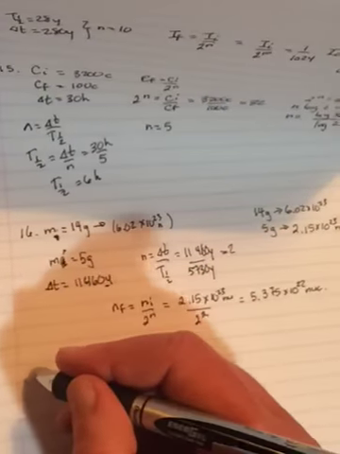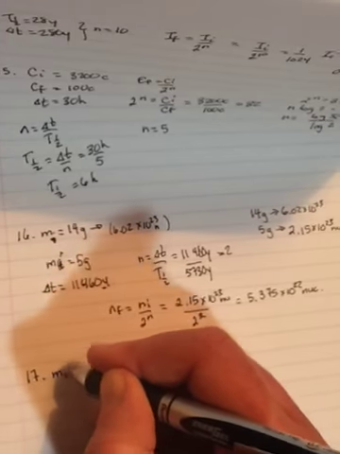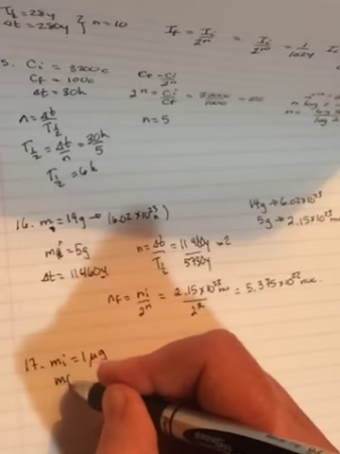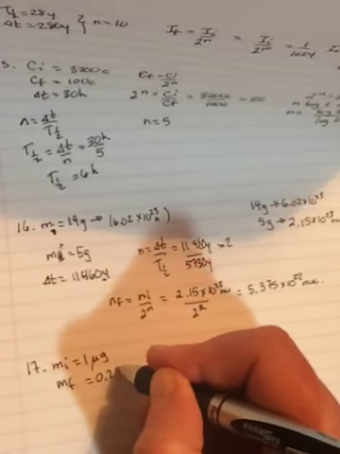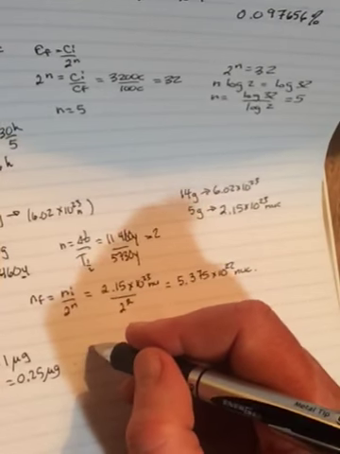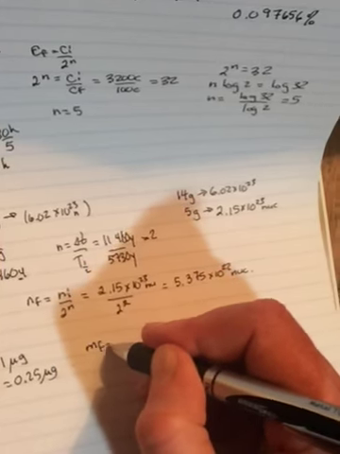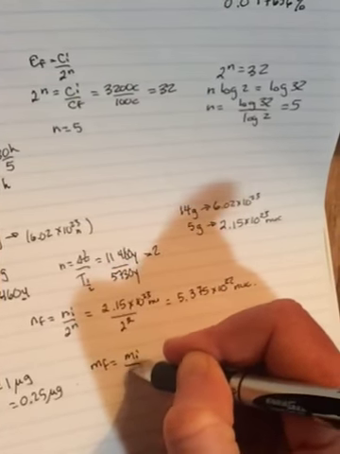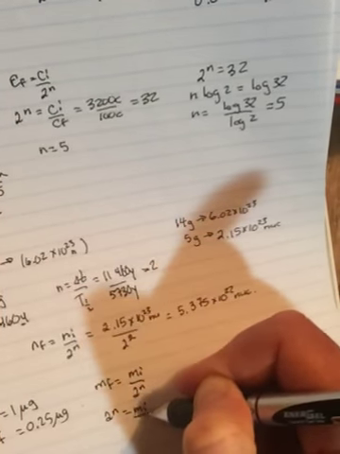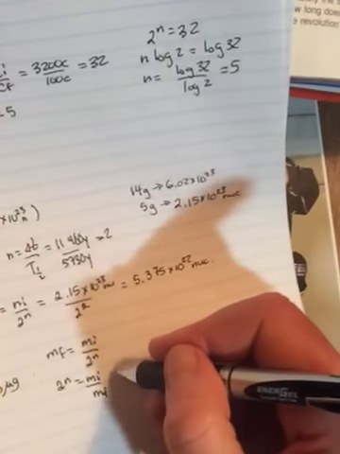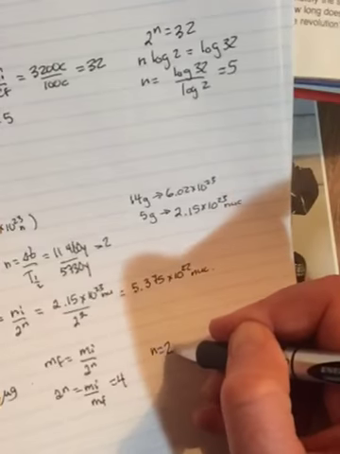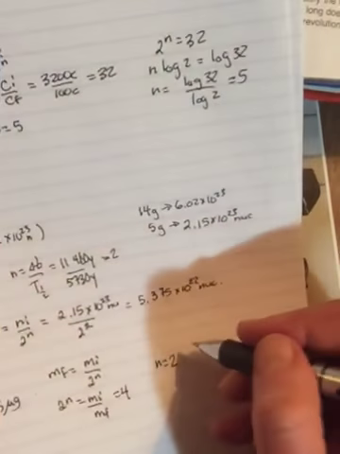Alright, so they give us our M initial, 1 microgram. They give us our M final, 0.25 of a microgram, so we can figure out the half-life, because we know that MF is equal to MI over 2 to the n. So 2 to the n is equal to MI over MF, and that's just going to be 4. So 2 to the n equals 4, so n equals 2. And it tells us after 48 hours.